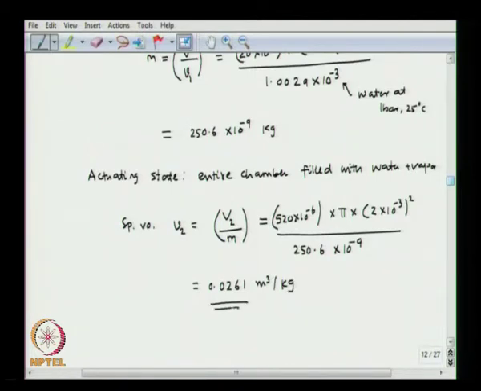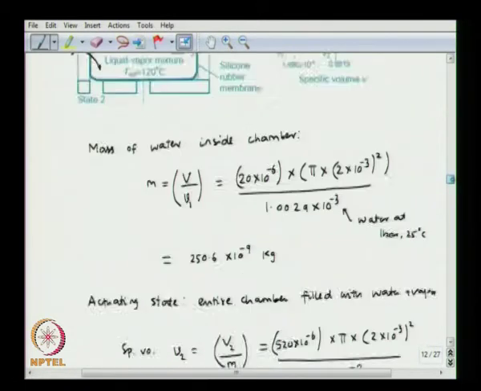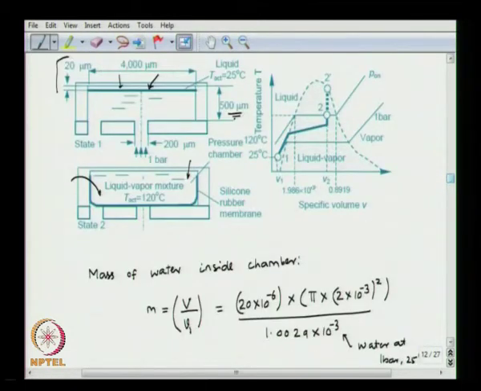Now, if you look at this specific volume, it is higher than the liquid specific volume, but less than the vapor specific volume.